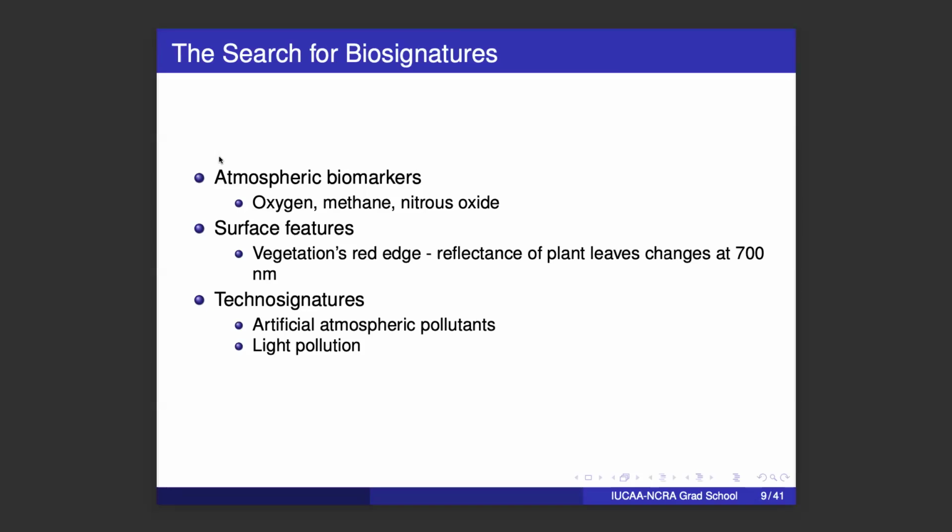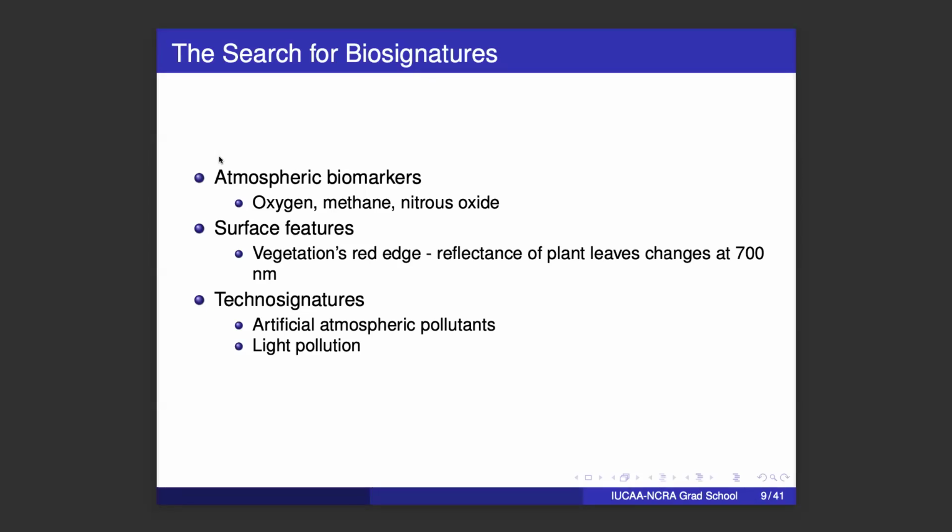Oxygen is almost unambiguously connected with the presence of life because it's a very reactive element, as I told you. If oxygen is there in its free form, that means it is being continuously produced, which means a photosynthesis-like event is happening.